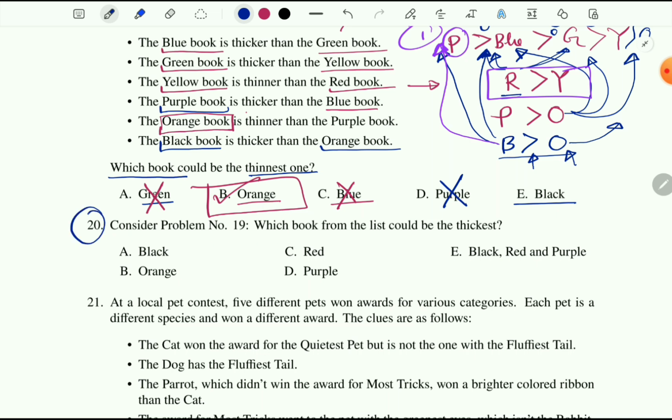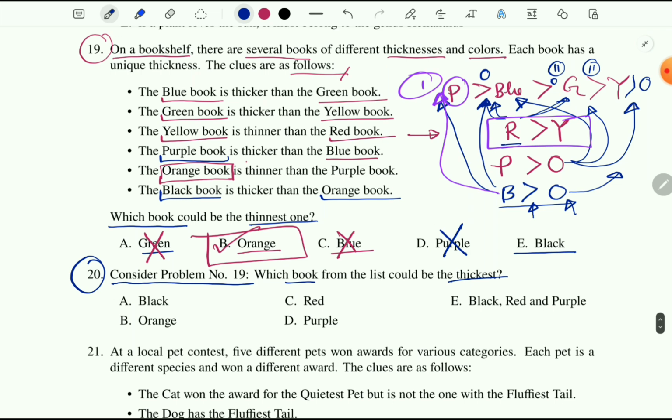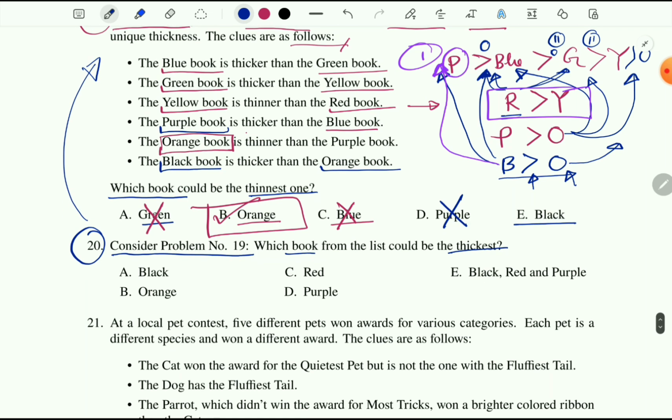Now let's consider problem number 20. Consider problem number 19. Which book from the list could be the thickest? In this problem, we are using information from our previous questions. The only difference is we have to find out the thickest book.